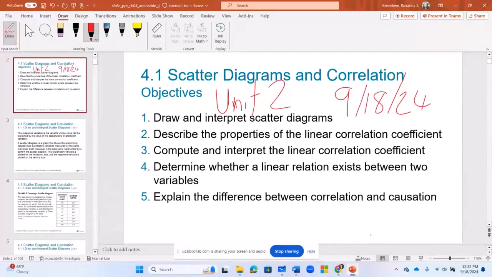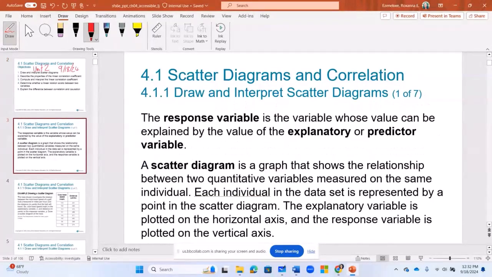Scatter plot, but we shall use only 5 of them. We need to define some new words here. Response variable: whenever you hear response variable, it means the y-axis or y.